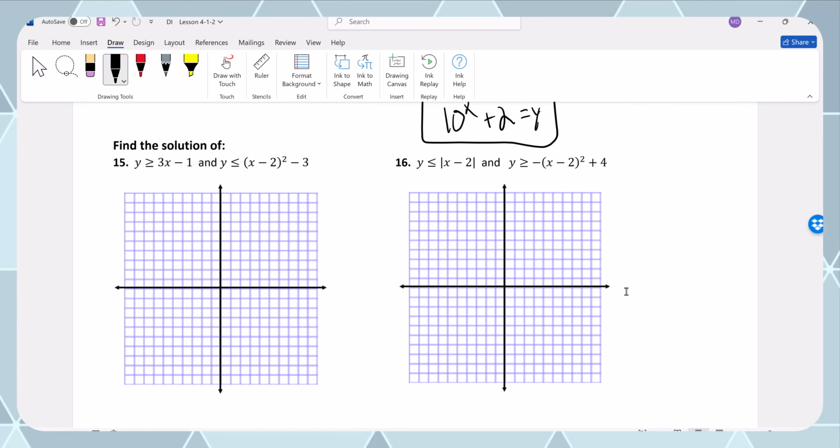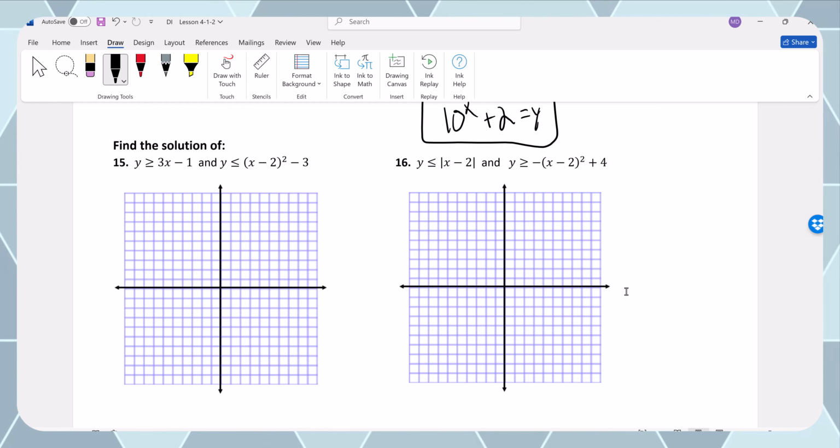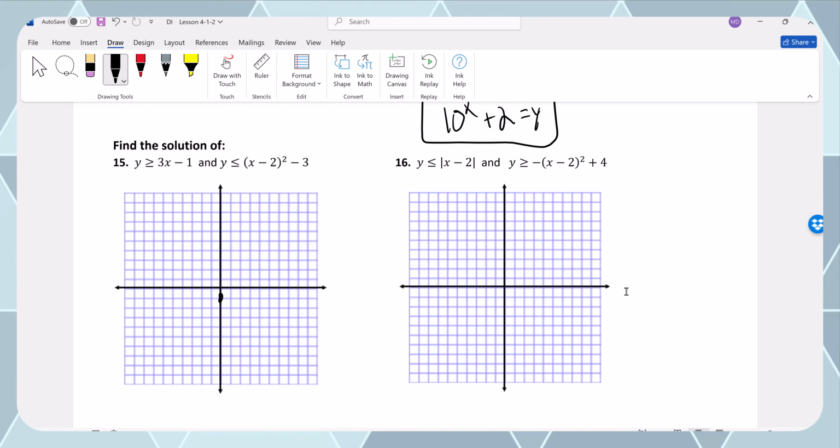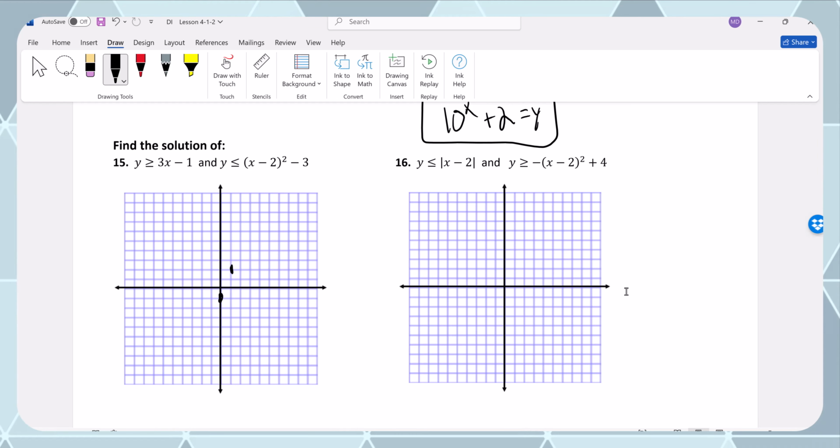So number 15 and 16. So 3x minus 1 and then x minus 2 squared plus 3. So we need to graph and we need to shade. So, this is y equals mx plus b. So negative 1, up 3 over 1, up 3 over 1.